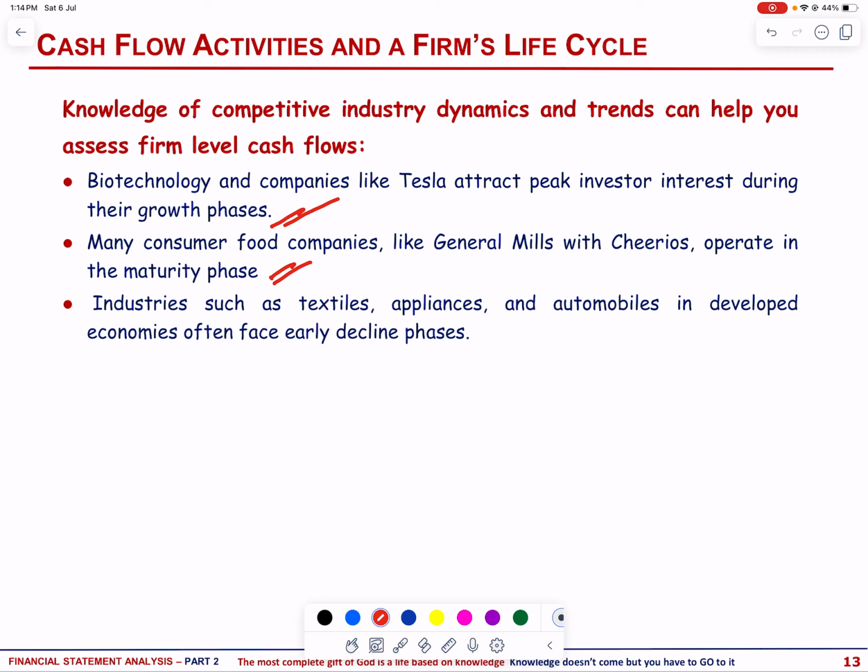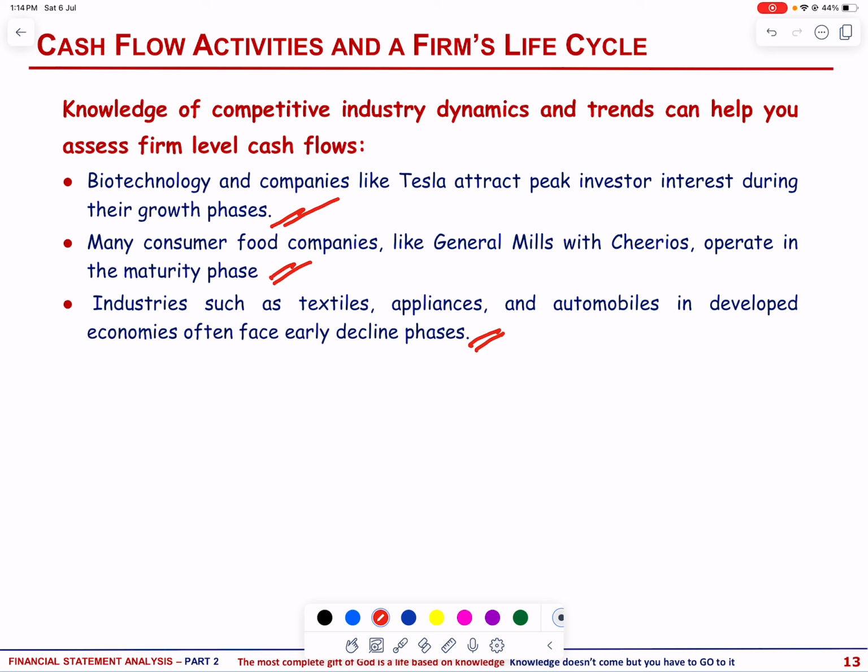Then, industries like textiles, appliances, and automobiles in developed economies like the US are often in the early declining phase. So, factors contributing to decline include foreign competition, price declines, and outdated technology. Some firms in these sectors invest in advanced production facilities to compete globally and re enter the maturity phase.